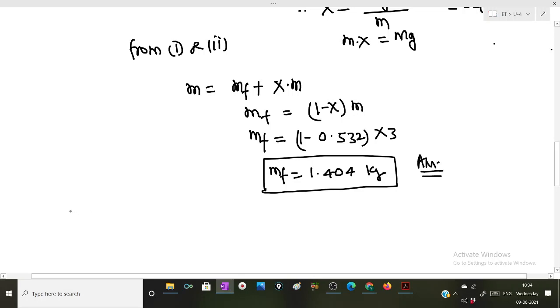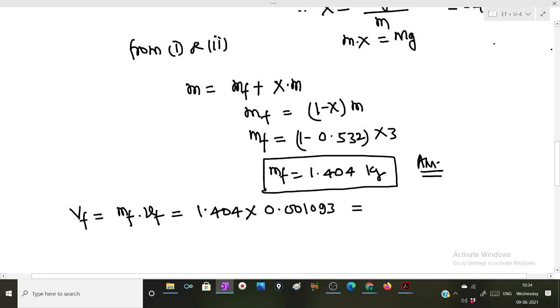We are also supposed to calculate the total volume of dry saturated water. So it will be the product of the mass of dry saturated water and the specific volume of dry saturated water. So this will be 1.404 into the volume Vf, which is 0.001093.